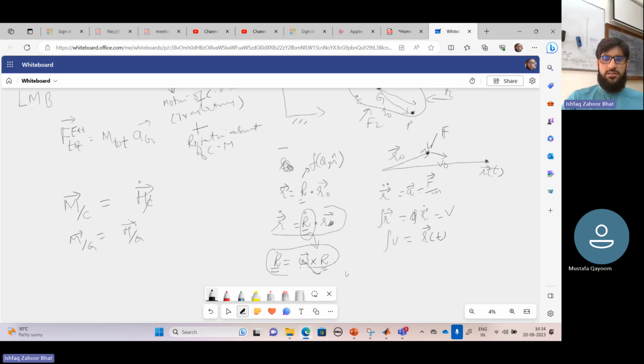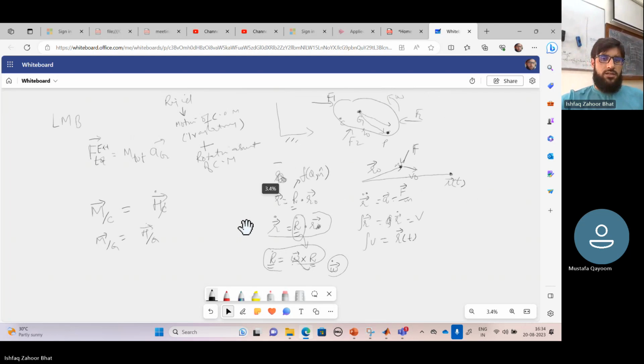But this omega in itself will not be known, so we will try to calculate omega dot. So the agenda is to find the omega dot. Once we get the omega dot, we will integrate to find omega. Once we find omega, we will find R dot. This is small r dot, and this is capital R dot. When we find the capital R dot, we will integrate it to get our R. So this is the bigger picture of this portion of the talk.